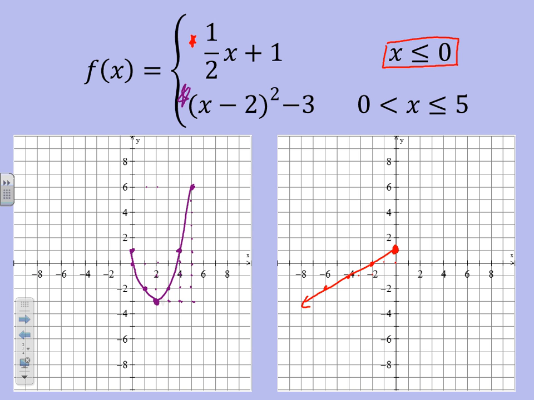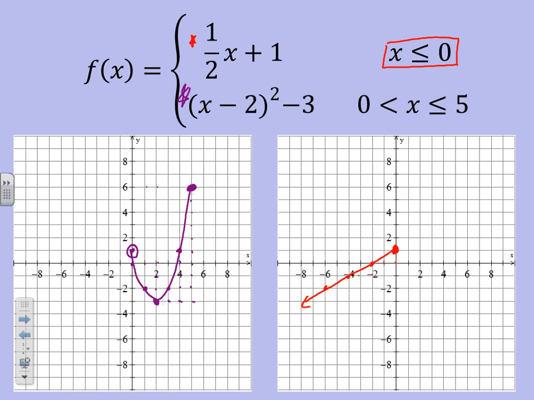So the inequality for the 0 says that we would have an open circle there. And the inequality for the 5 says that we would have a closed dot there. So this is what the parabola would look like with the domain restrictions applied to it, saying that x has to be greater than 0 but less than or equal to 5.